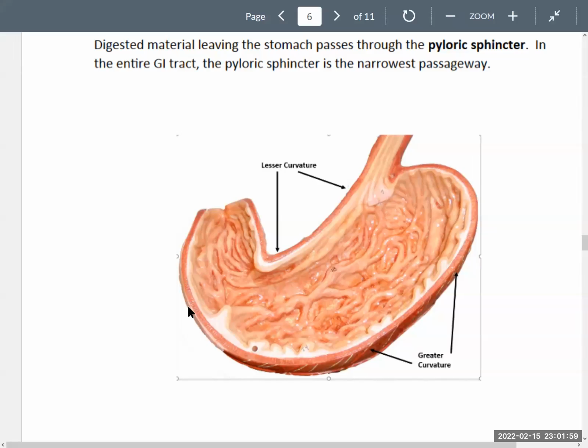It protects you against trauma. It protects you against cold. And thin people have next to no greater omentum because it stores fat.